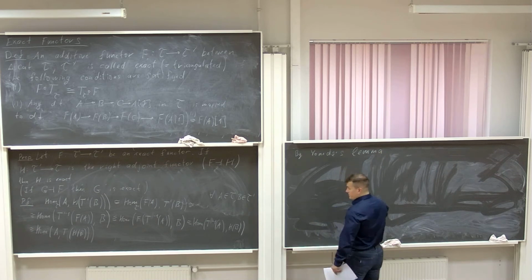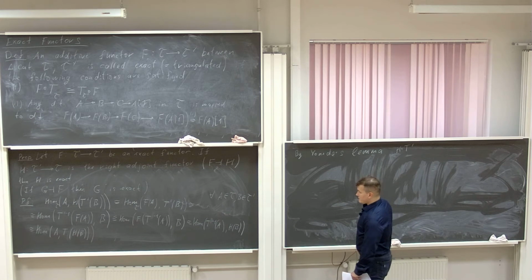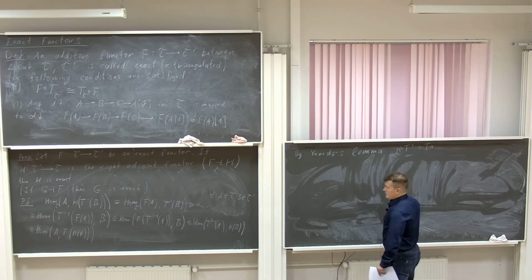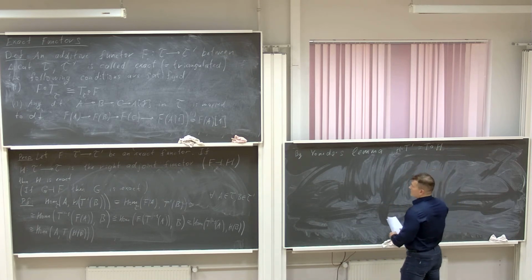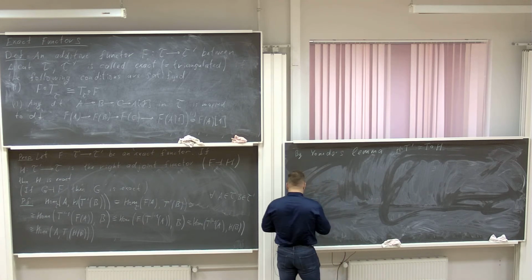By the Yoneda lemma, I conclude what I want, that H composed with T prime as a functor is isomorphic to T composed with H. Well, this only shows that the first property of the definition is correct. We still need to show that the second property is correct.